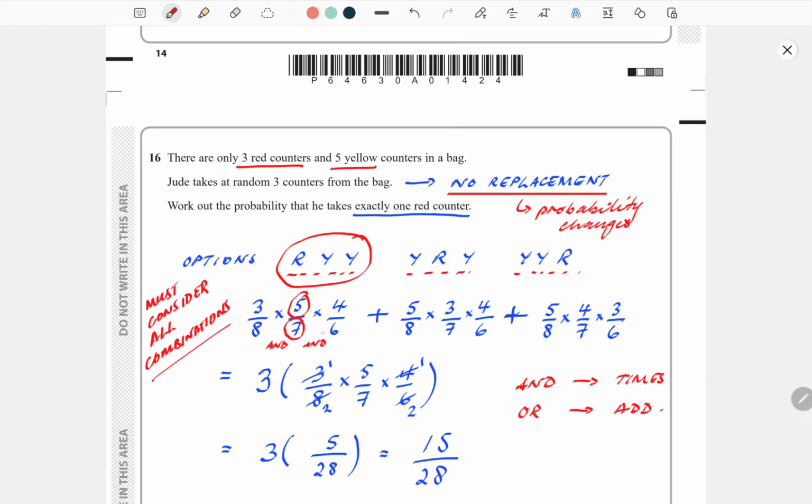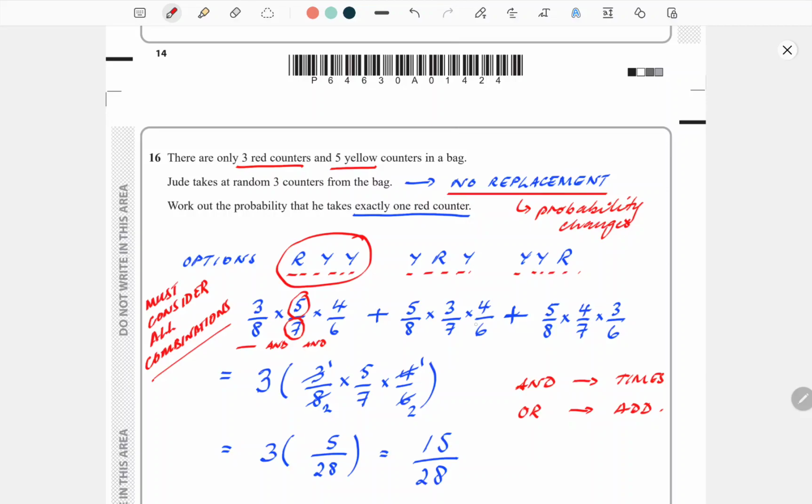And in total, there are 6 counters left. So that's where we get the 4/6 from. And because it's red and yellow, as I've said here, we are multiplying that. So 3/8 times 5/7 times 4/6. All right. That's one combination.